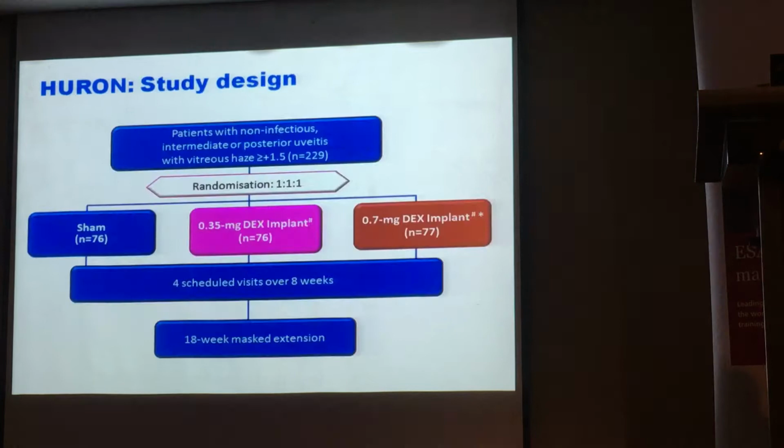Anyway, the HURON study. Simple design: sham versus lower dose, 350 microgram versus 700 microgram. Just to cut the long story short, 350 is now thought to be less effective and therefore stopped. 700 microgram is the standard dose of DEX implant for all indications, for uveitis as well as for RVO and for diabetic macular edema. Okay?